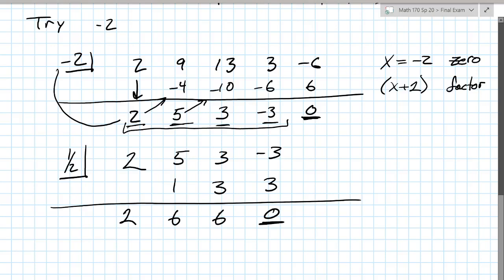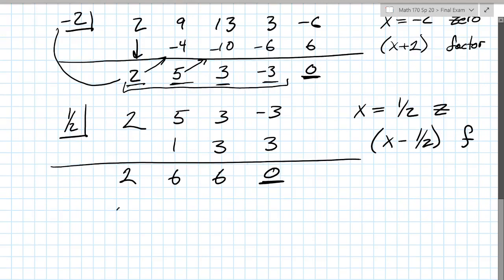Remainder of 0. That's good because that means x equals 1/2 is a 0, or x minus 1/2 is a factor. So what's left is a quadratic, 2x squared plus 6x plus 6.